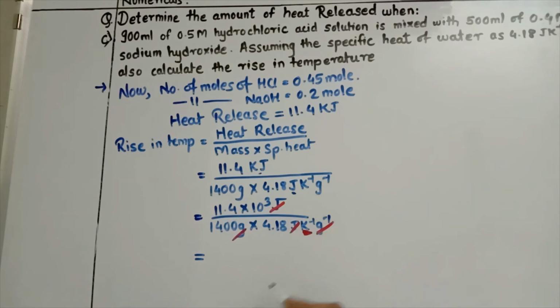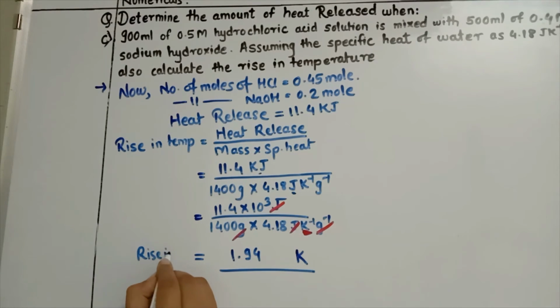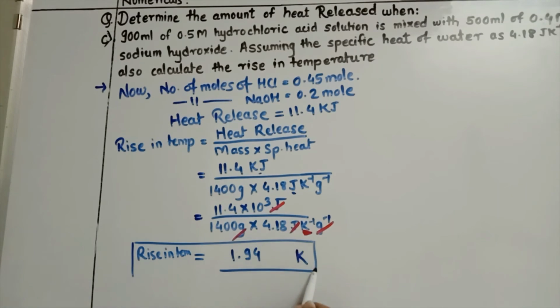When this per Kelvin will transfer to the upside, that is in the numerator, it will be in Kelvin, and when you do this calculation, it comes to be 1.94 Kelvin. So rise in temperature is equal to 1.94 Kelvin.